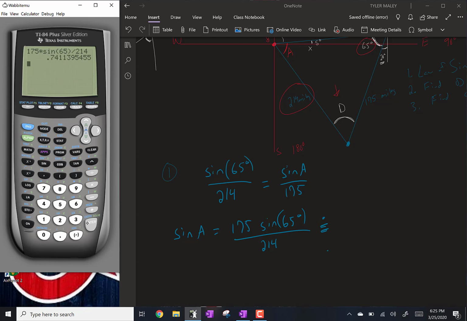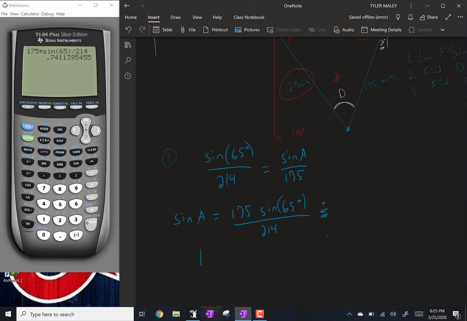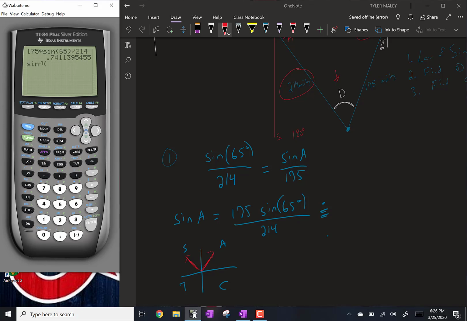So I'm getting roughly this value. It's positive, right? Sine is positive in the first and second quadrants, all students take calculus. So if I do inverse sine of that answer, I get roughly 47.83 degrees.